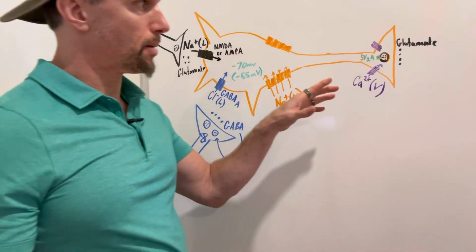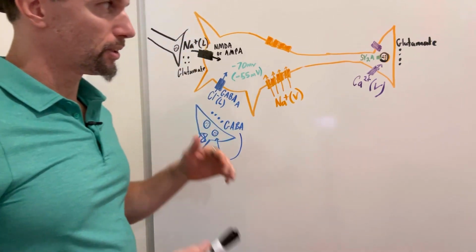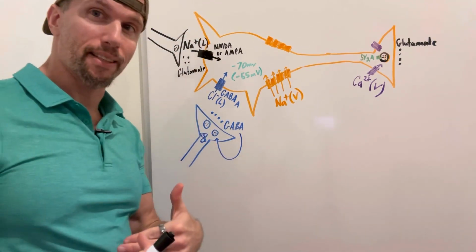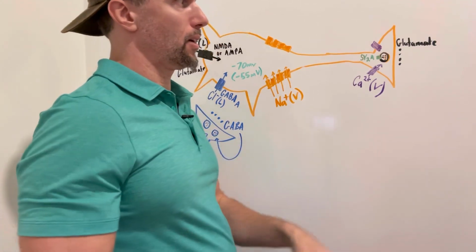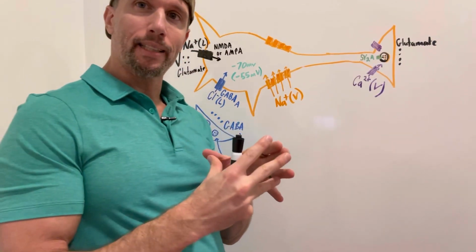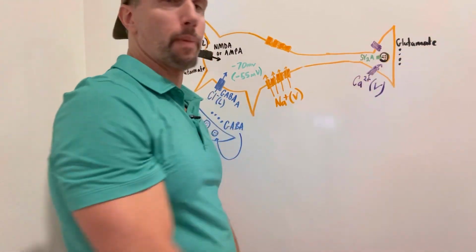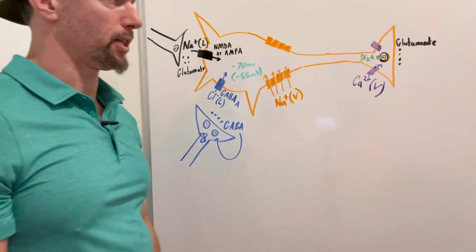When it gets to the axon terminal, voltage-gated calcium channels open up, and calcium, which is really high outside the cell, will move inside the cell, bind to the vesicles where the neurotransmitters are waiting to be released, and cause exocytosis of, let's say, glutamate in this case. So this is an excitatory neurotransmitter.